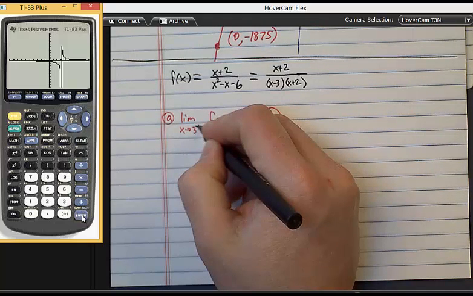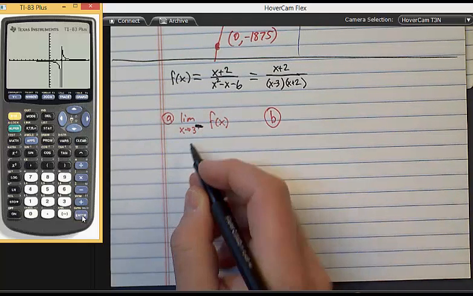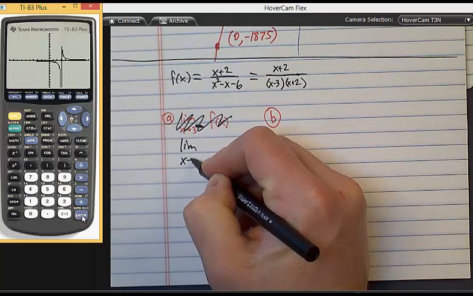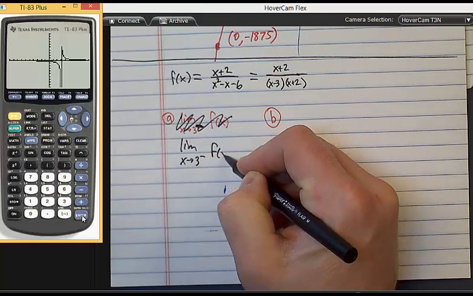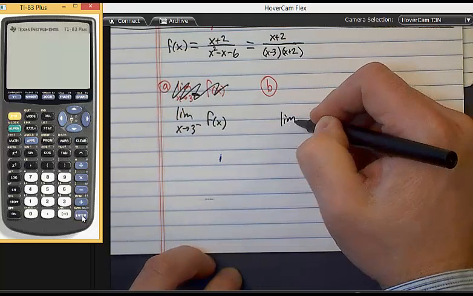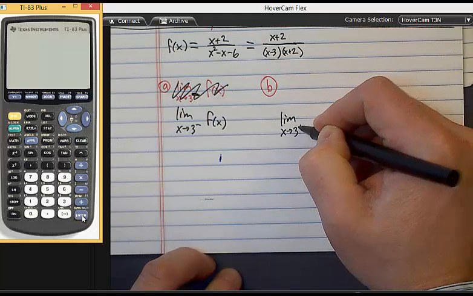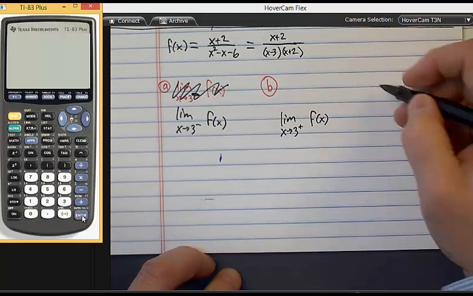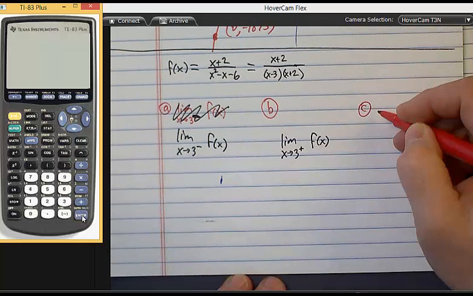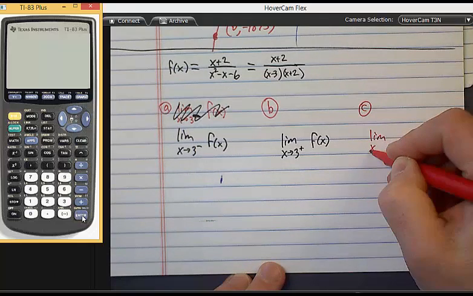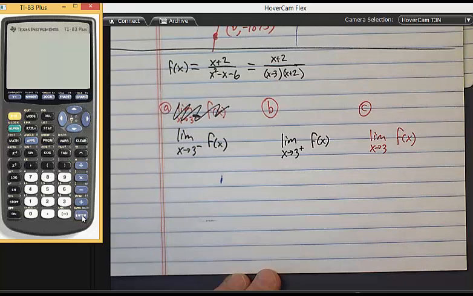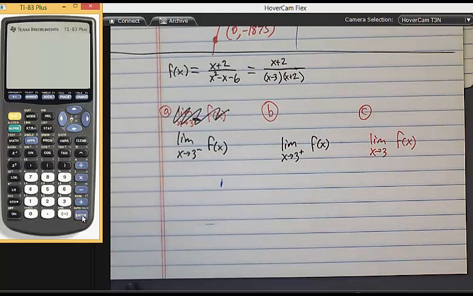Part A says, what's the limit as x approaches 3 from the negative side of f of x? B, we want the limit as x approaches 3 from the positive side of f of x. And then part C says, okay, guys, what can you tell me about the limit as x approaches 3 of f of x? So we'll see what we come up with here.